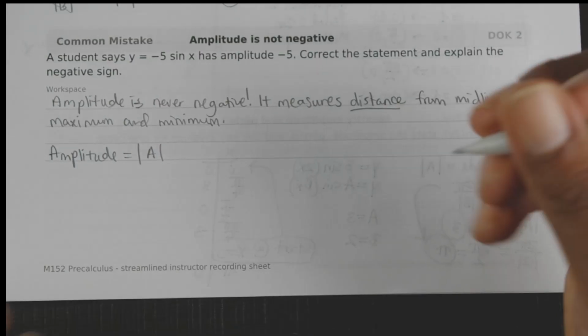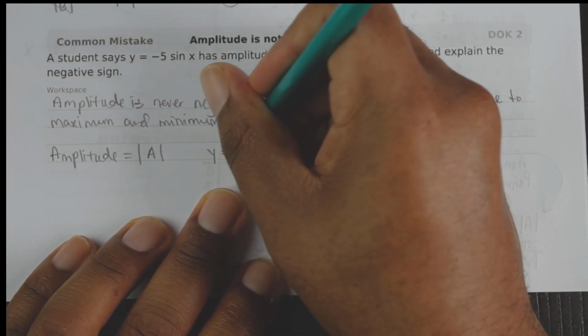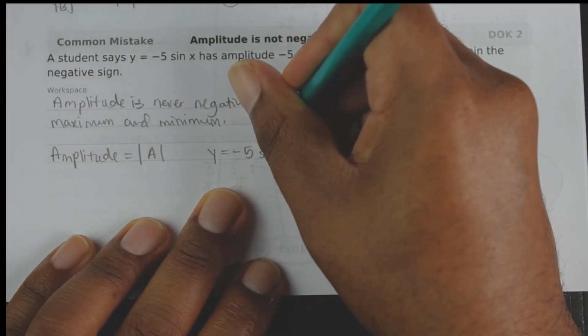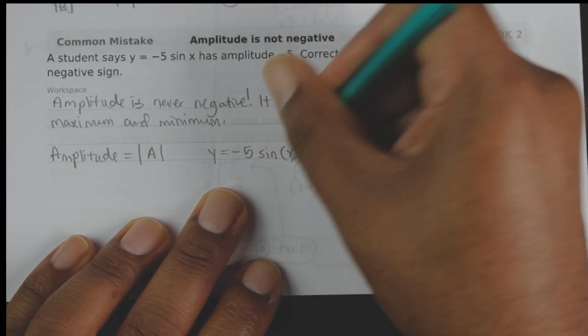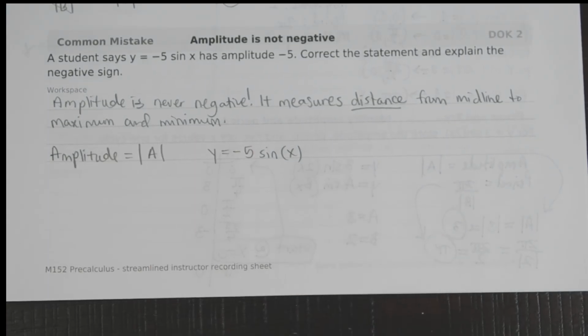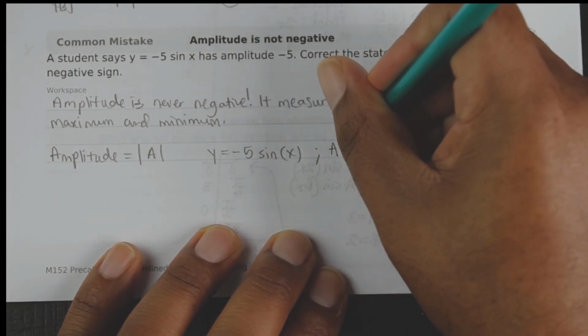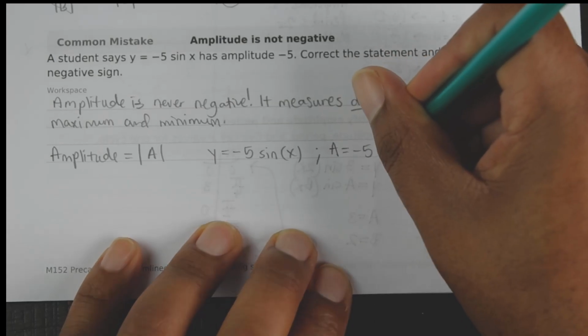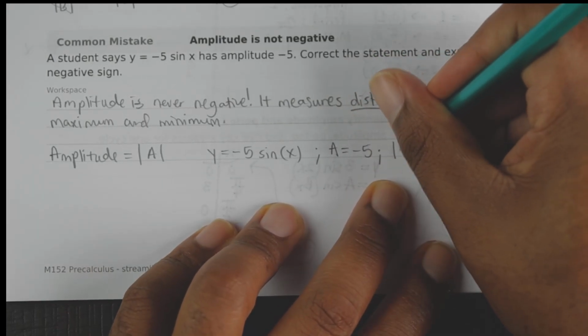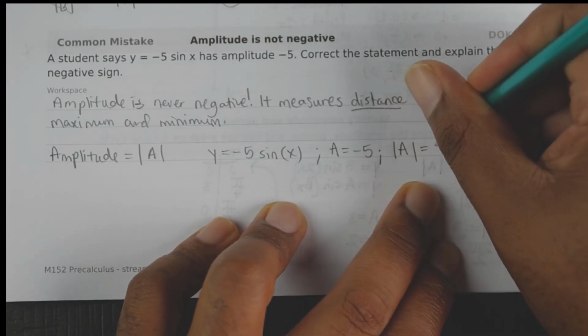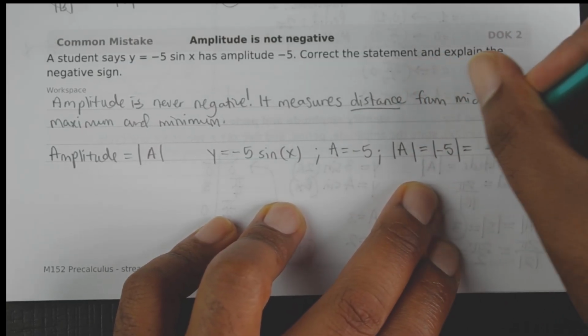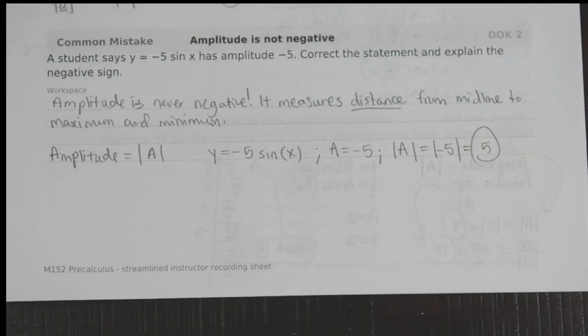So for this equation here, we have y is equal to negative 5 sine x. What does that mean? That's saying that A is equal to negative 5. So if A is equal to negative 5, then the absolute value of negative 5 would be a positive 5. So the negative sign does something entirely different.